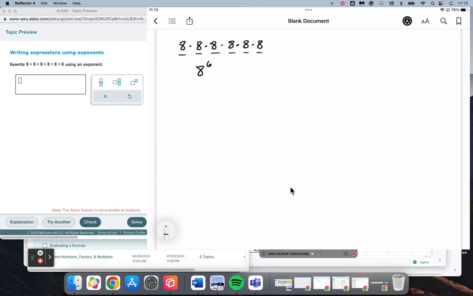6 times. A point of confusion that some students have here is they say that 8 to the power of 6 is like 8 times 6. That's 48. And that is not what you're going to get if you multiply 8 times 8 times 8 times 8 times 8. I'm going to do it really quickly on my calculator. If I do that, I get 262,144.